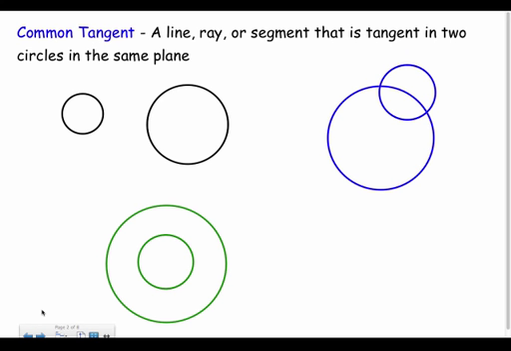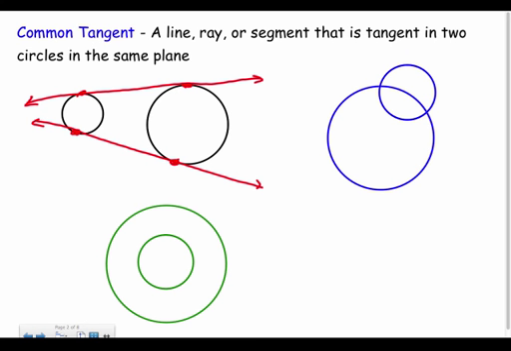If I look at my first situation with these black circles, let's see if I can draw in a common tangent. I think the tops and the bottoms I can connect. If I drew a line like that, that would be tangent to both circles. I could also do another line on the bottom the same way. I'll try to get it about right there. Anywhere else I could draw a line of tangency?